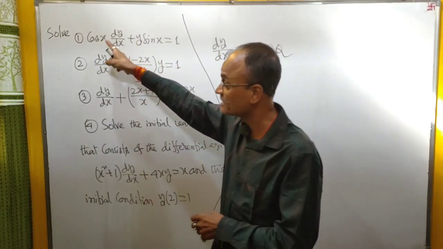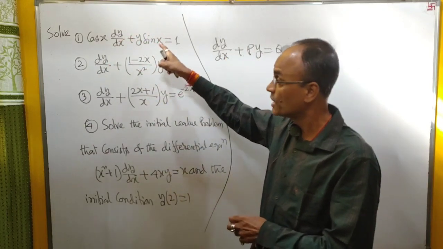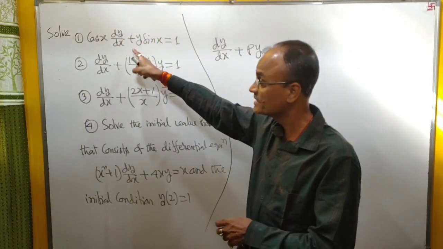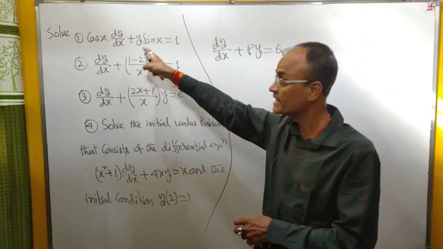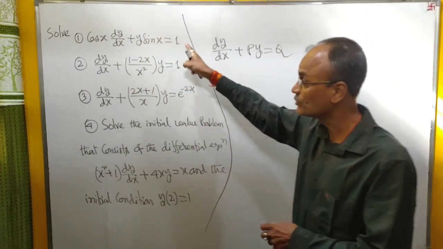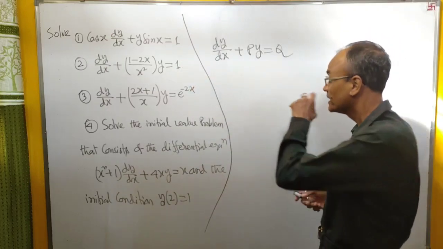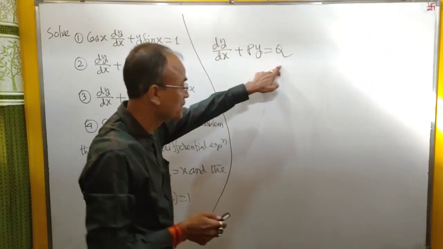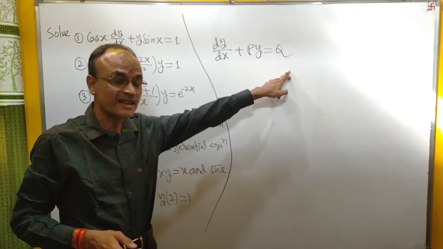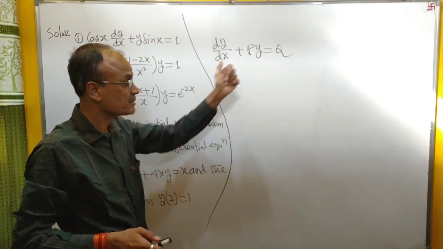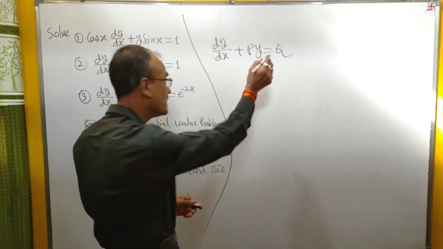If you divide the differential equation 1 by cos x, then it will be of the form dy by dx plus y into tan x equal to 1 by cos x, which is sec x. Such types of differential equations are called linear differential equations.